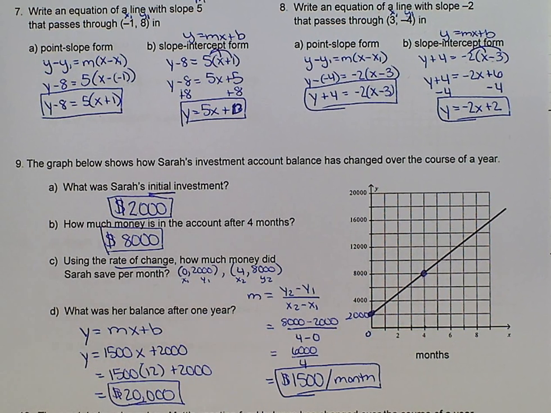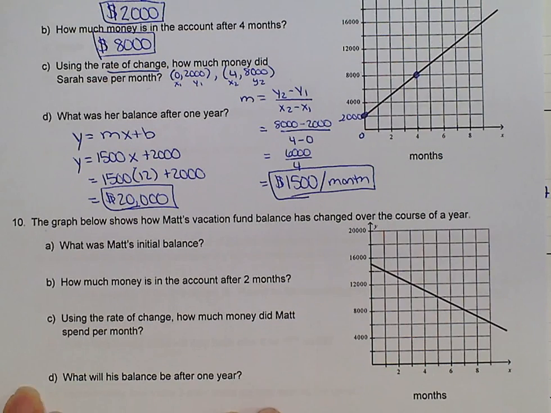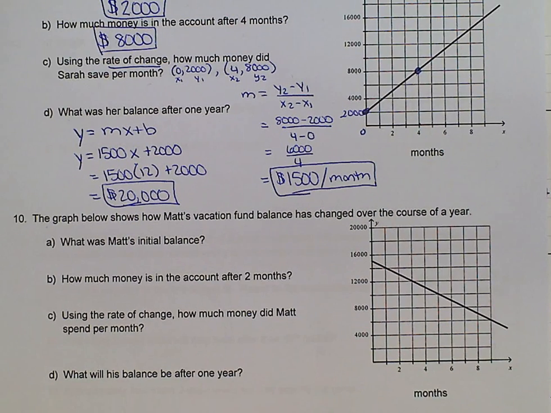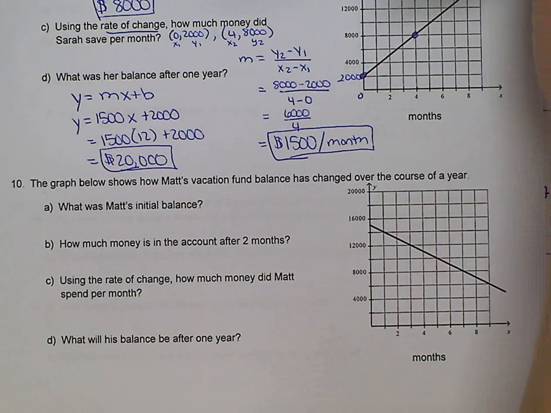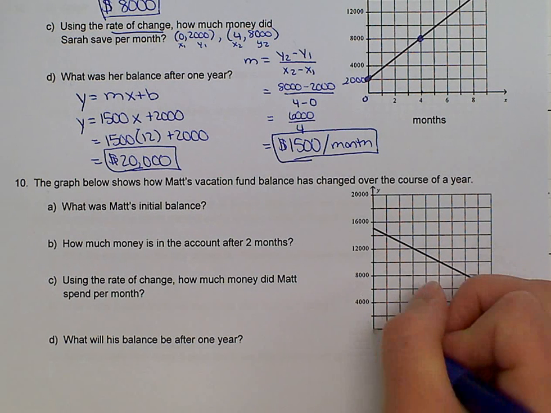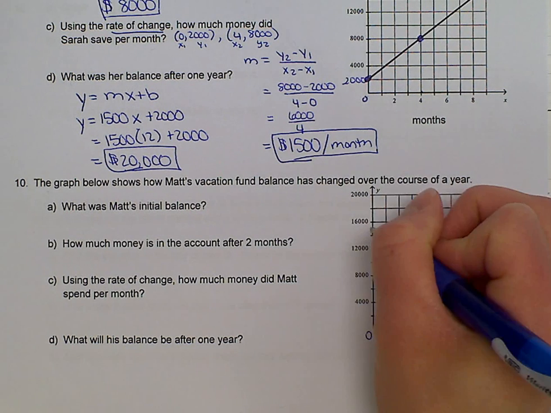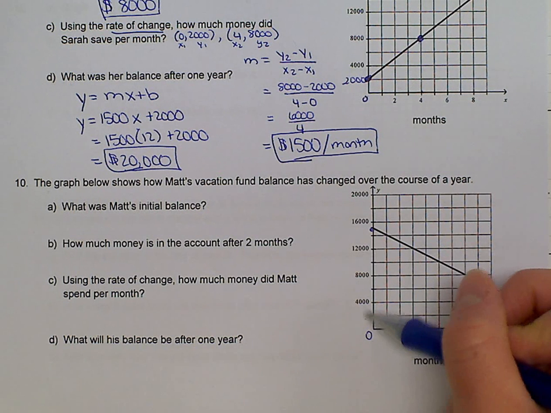Number 10. The graph below shows how Matt's vacation fund balance has changed over the course of the year. What is Matt's initial balance? Okay, so again, I want to look for at 0 months that y-intercept. Looks like this goes by 2,000s again. 2,000, 4,000, so 8,000, 12,000.